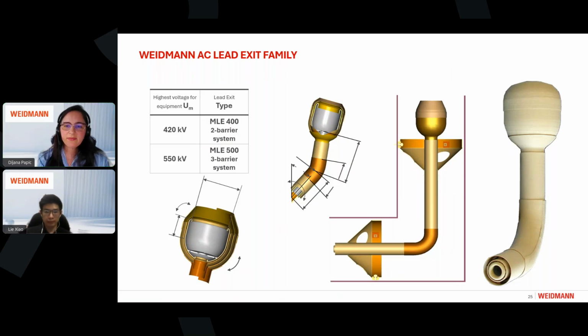And the beauty in them is that we managed to produce them in a variety of lengths, heights, angles, and mostly anything the customer would require.